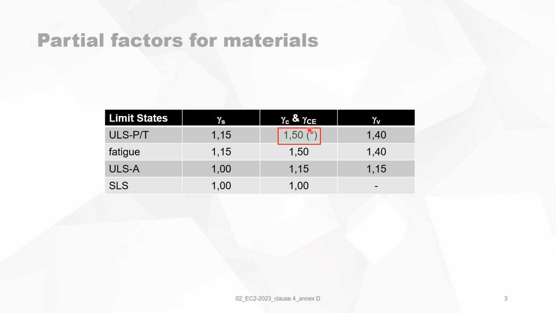But you also see a material factor on the modulus of elasticity of concrete. This is also 1.5, so there's no problem. Only the code now says that gamma C can be 1.3 when confirmed by test.